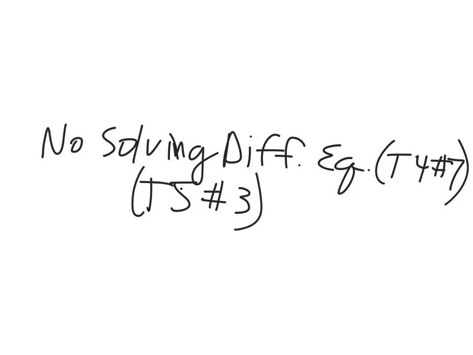Nothing like that will show up on the final. But the process, you should be able to do the process. It's basically what you're doing in the other parts of test 5 in the application of acceleration, velocity, and position function.